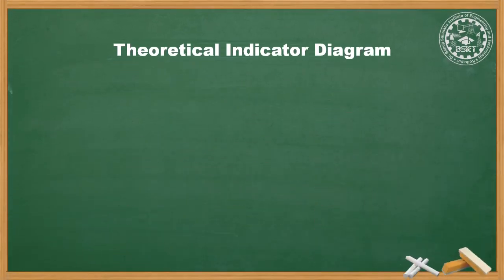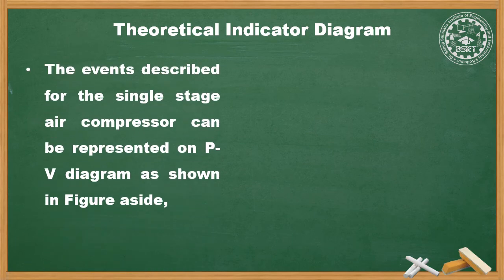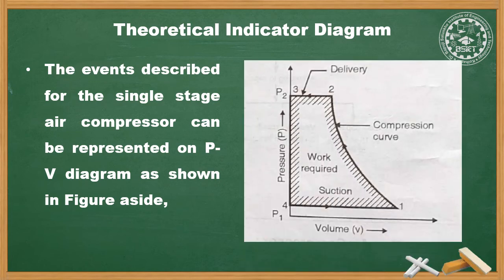Next is the theoretical indicator diagram. The events described for the single stage reciprocating air compressor can be presented on a PV diagram as shown in the figure aside. The figure represents the indicator diagram for a single stage air compressor without clearance.